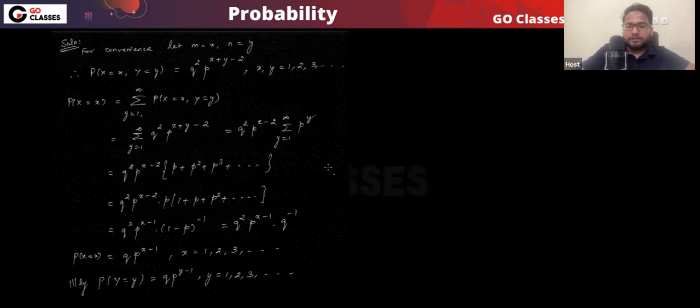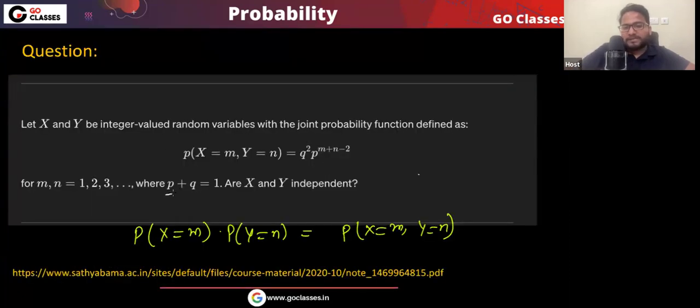Basically, see here, these numbers are less than 1. It's not like if this is infinite, then it will blow up or something. It will diverge. These numbers are actually less than 1. P and Q both are less than 1. Okay. So do you want to try this question? Let me just tell you what you can do.